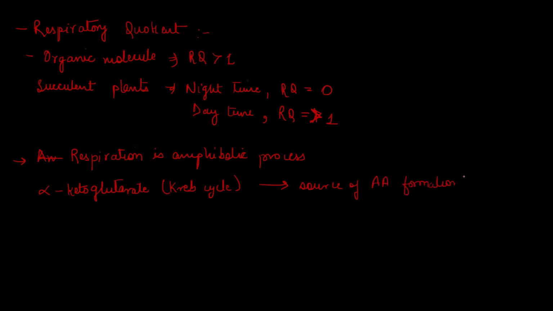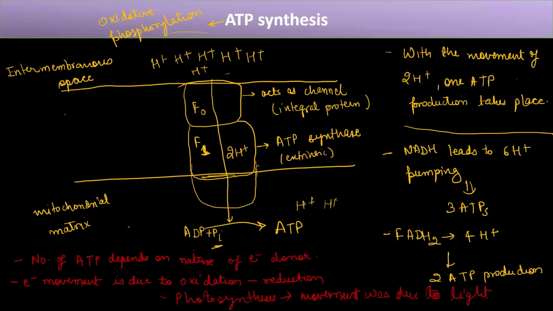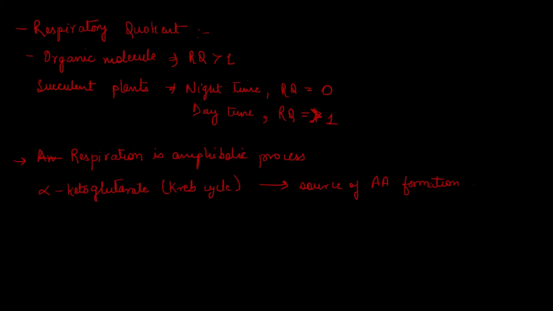Alpha ketoglutarate gets converted into glutamate, that is an amino acid. So it is an anabolic process. Till now, what we have seen is the breaking of things. But these intermediates ultimately lead to the formation of some building blocks or biosynthetic compounds. And hence it is also an anabolic process. Together, it is known as an amphibolic process.